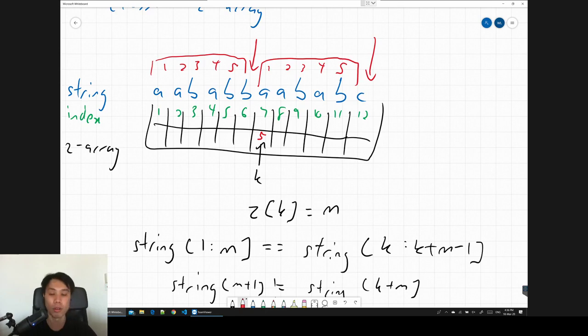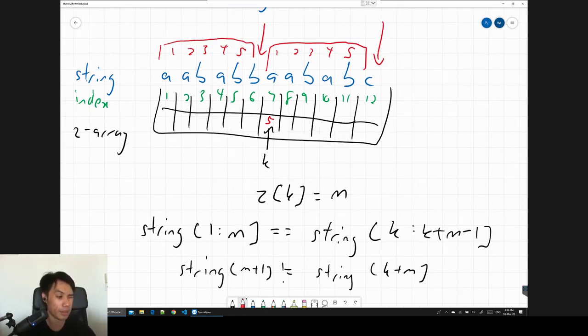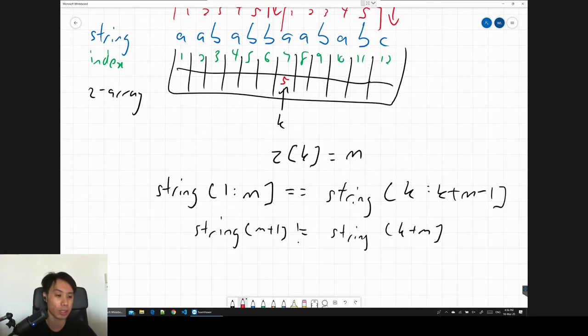So what you see here is the explanation of the numbers inside your Z array. Note, I'm talking about the Z array, not the Z box. Please do not be confused. The Z array is your output.